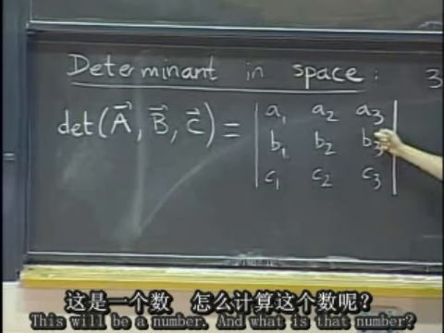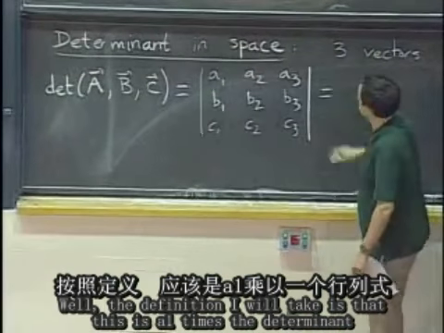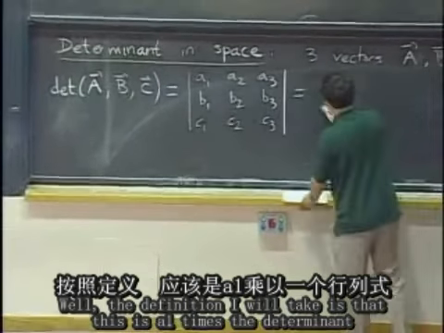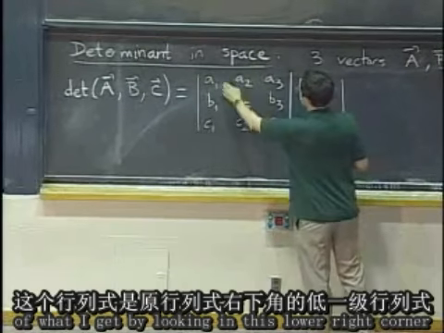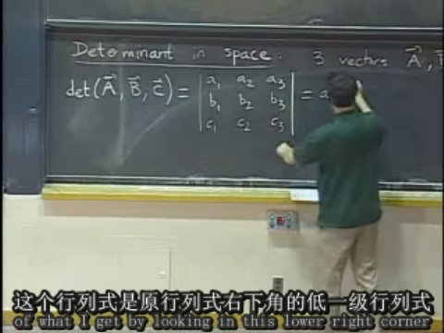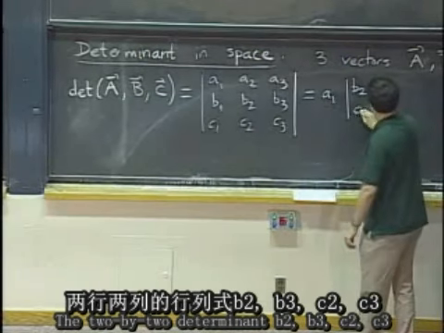So this will be a number. And what is that number? Well, the definition I will take is that this is A1 times the determinant of what I get by looking in this lower right corner, so the 2 by 2 determinant B2, B3, C2, C3.